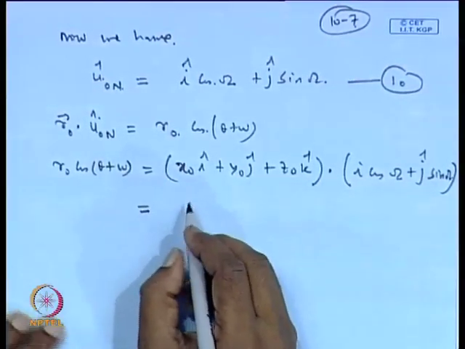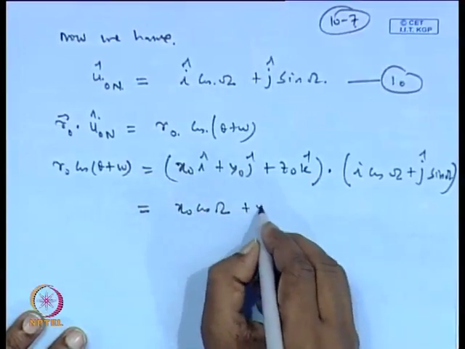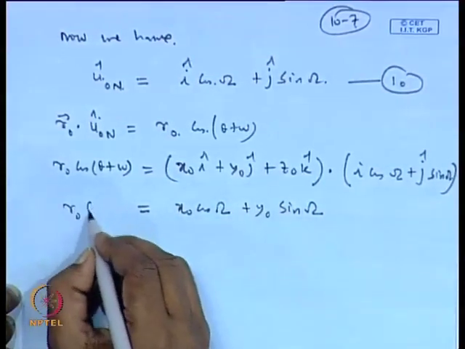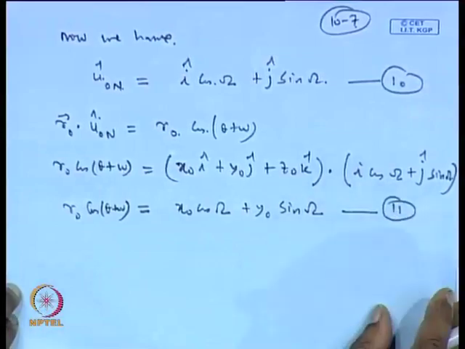So, this gives us x0 cos capital omega plus y0 sin capital omega. So, r0 cos(theta plus omega) is this quantity, this is our equation number 11.